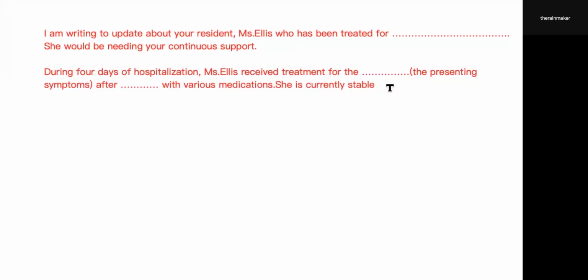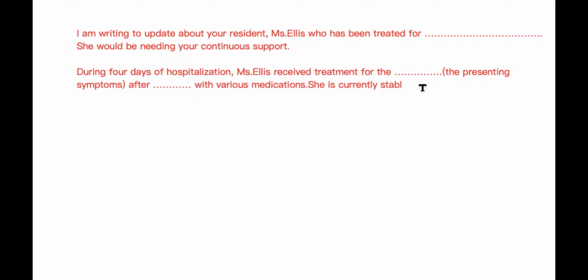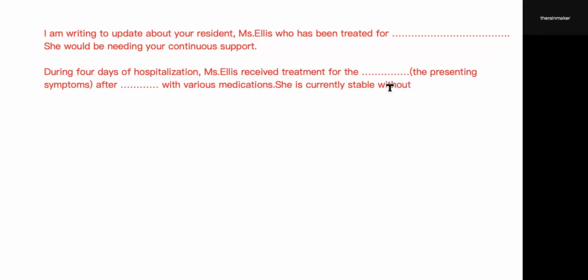So you can write this information here. She's currently stable with normal vitals. You can put it in brackets if you want, normal vitals, blood pressure. If you don't want, that's also okay.